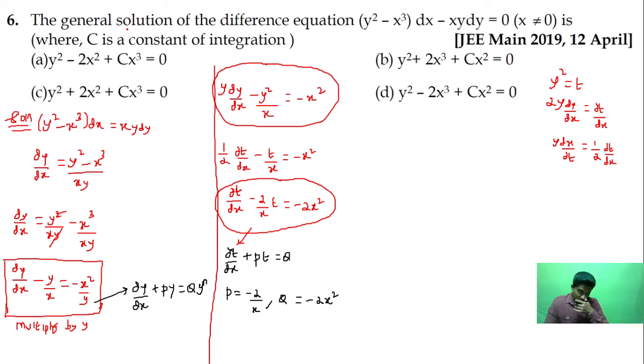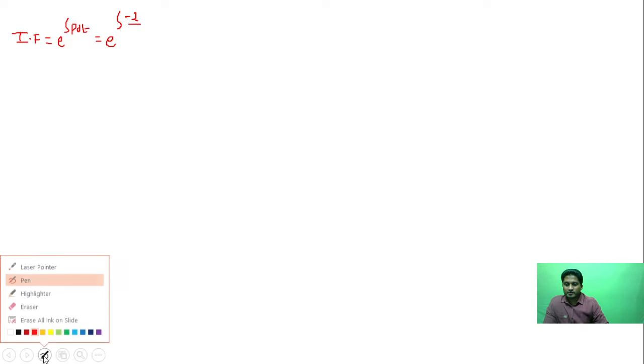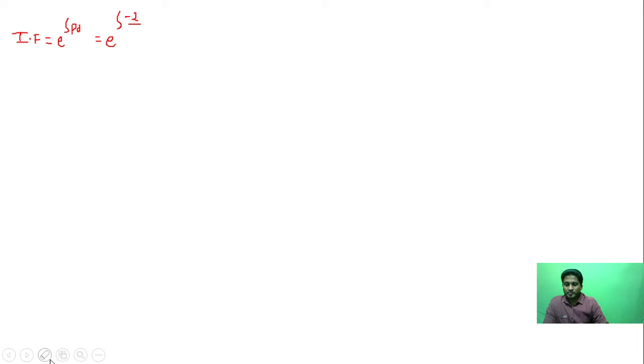Now the integrating factor is equal to e to the power of integral p dx, since p and q are functions of x only. So this is e to the power of integral of minus 2 by x dx.